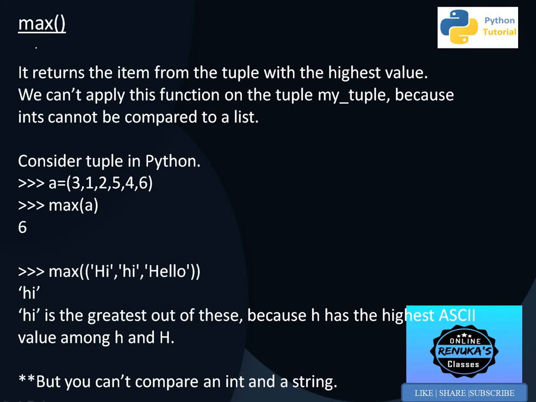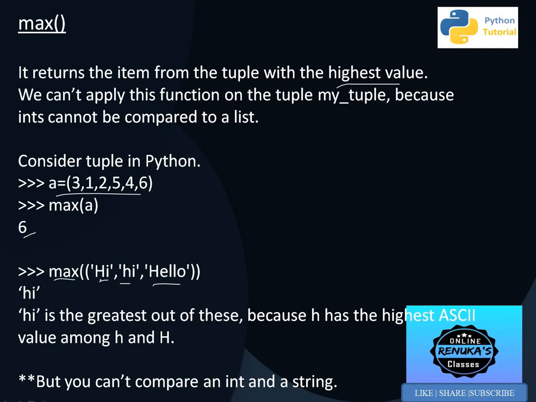Next function is max. As the name suggests, it helps to find the highest value in the tuple. If this is the example, we can find the highest value with the help of max. In the brackets we mention the tuple name, and it will give 6. Now if the values in the tuple are of string type, max will also work and it will return the highest string.